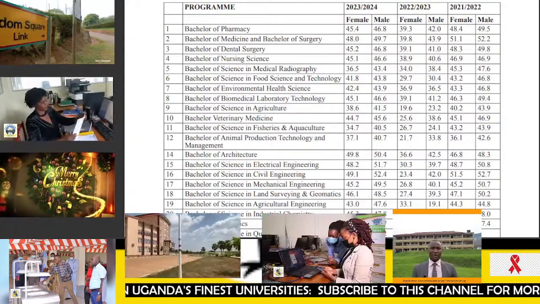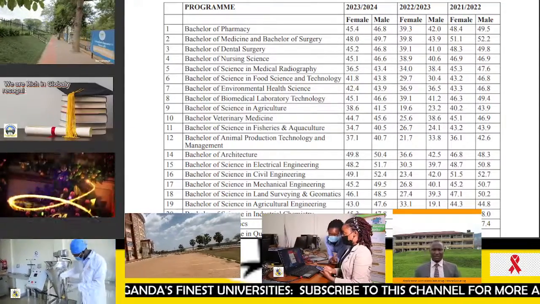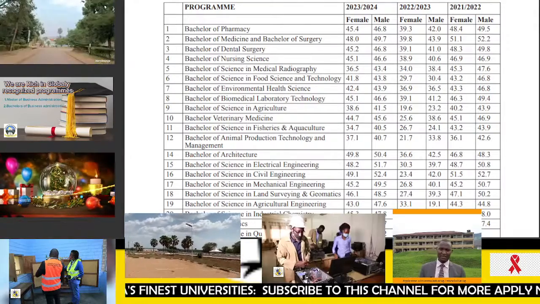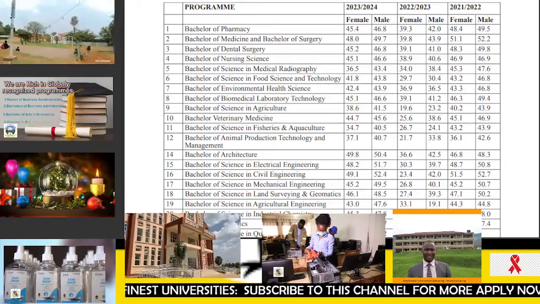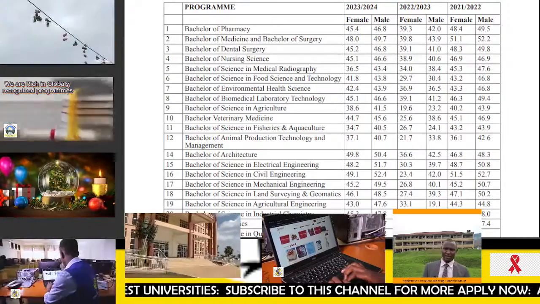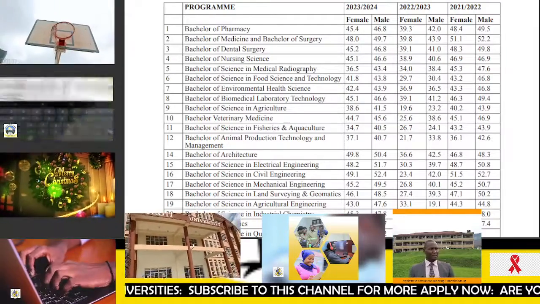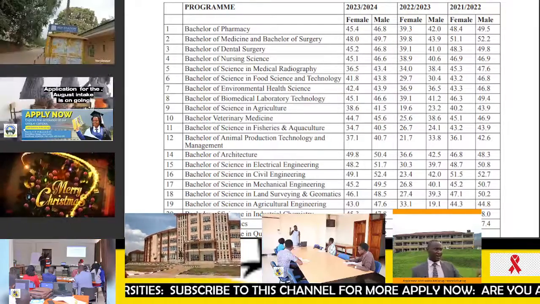Then you add that weight to this 50. You may find you have another 2. So you get 52. That will be your total cutoff point. If you're a girl, then you add the 1.5 affirmative action point. Then you go to around 53 or so. That will be your cutoff point.